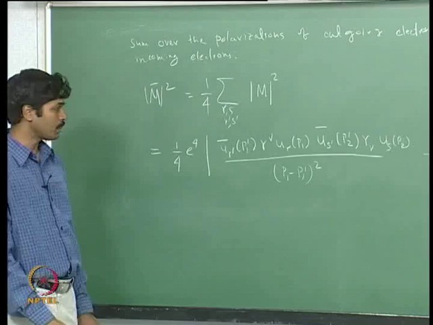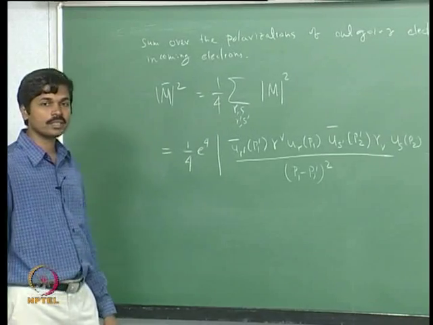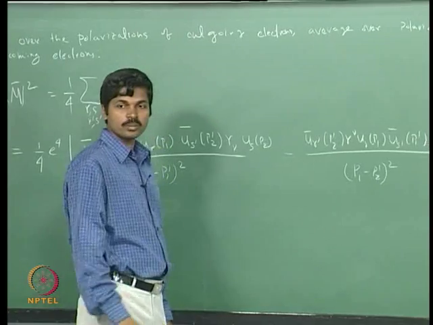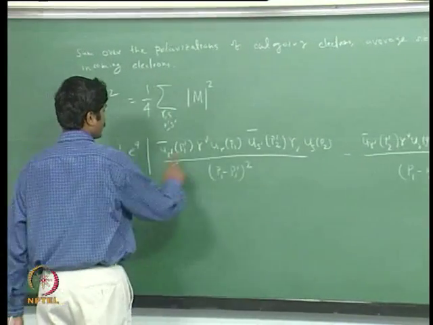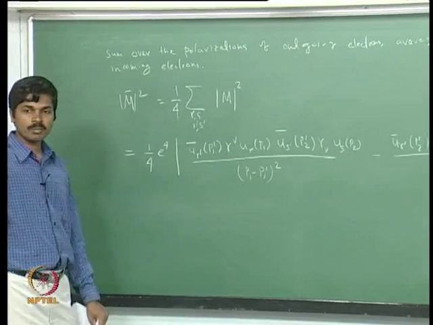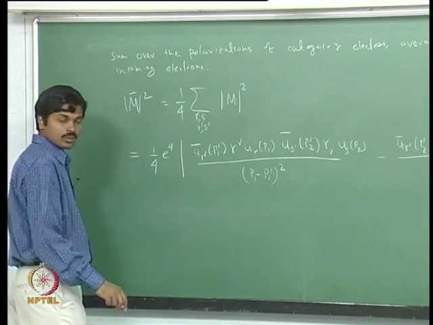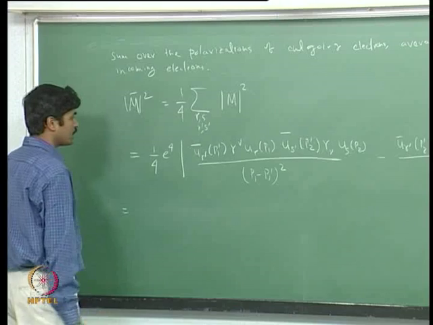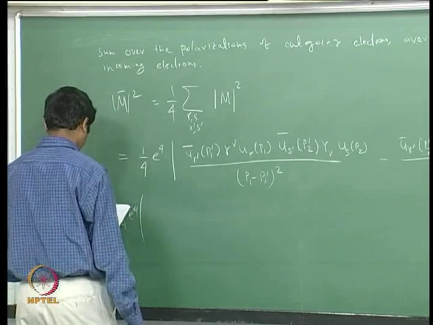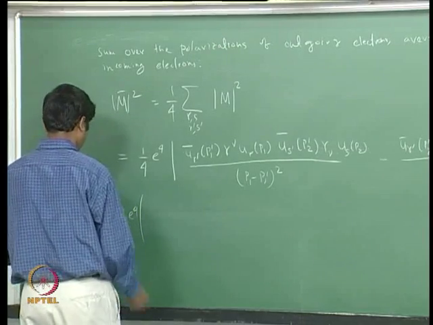Again I will get 4 terms, but you will see that we need to evaluate only 2 of the 4 terms. The remaining 2 we can just obtain by exchanging P1 prime and P2 prime. So the first term in this expression is 1/4 E fourth times, okay.